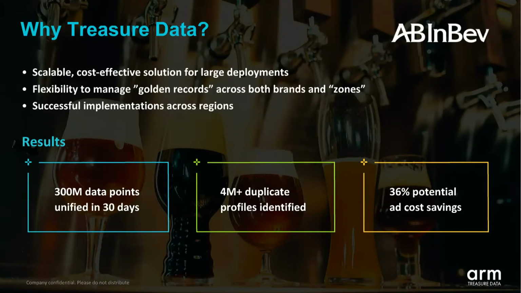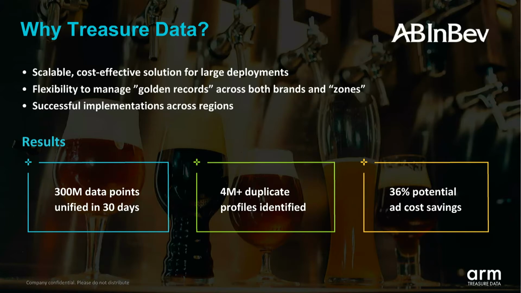One of our customers that came along with us in this launch really helped us out in understanding their needs and has been helping us all along in driving direction for the product: AB InBev. They're one of the largest beer manufacturers in the world, if not the largest.